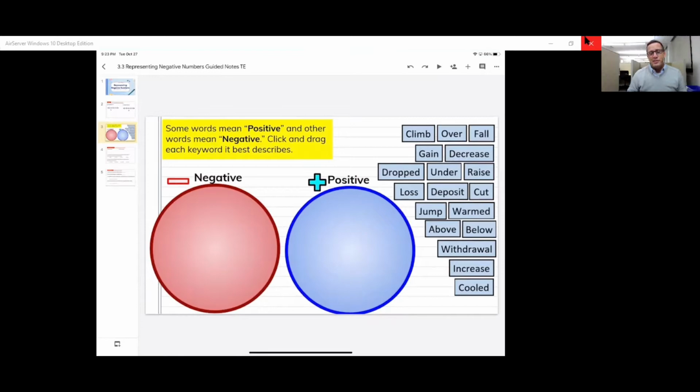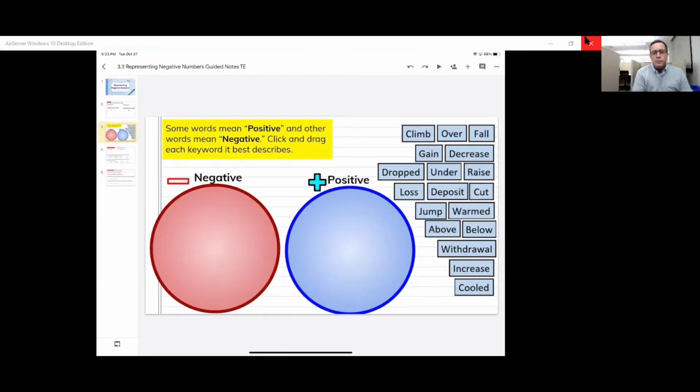Now, this Venn diagram isn't necessarily a typical Venn diagram. It's a Venn diagram where they don't intersect. All right, so negative are clearly exclusive to negative, and positive words are going to be exclusively positive. They are in those circles. There's not going to be any intersection here where it could be both. So we're going to clearly define the two.